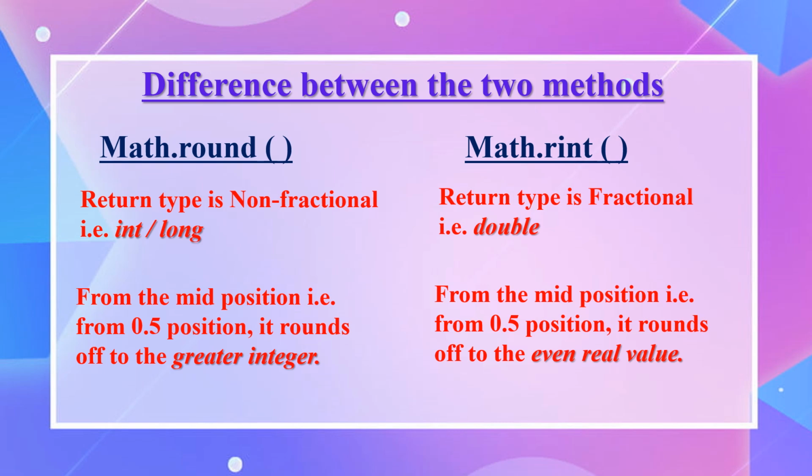Second point is that from the mid position, how the two functions behave. How do they round off the values? So Math.round takes the value to the greater integer, that is on a number line always towards right. And in case of Math.rint, the rounding off is done to the nearest even real value, that is the fractional value.